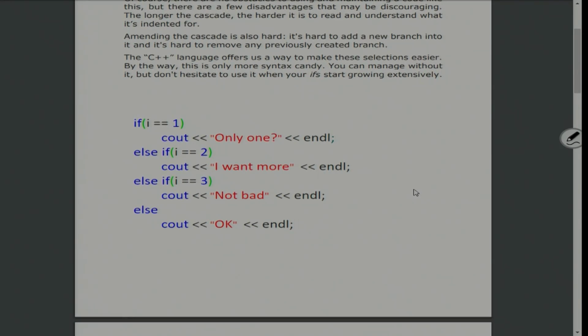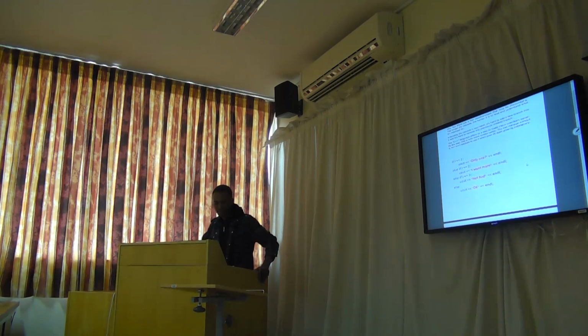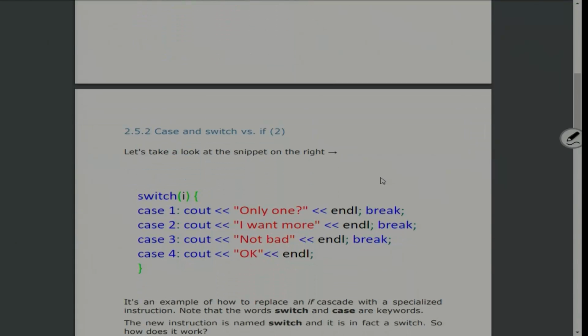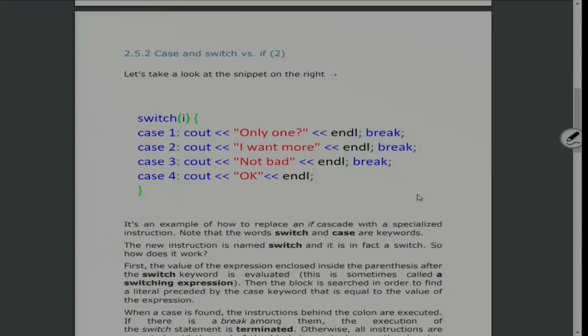And sometimes you would want to remove some of the branches, and that would be a bit hard to do. But if it's more like this, then it's easy. But if you have more conditions and an expression to check against, then it will become hard to read and to remove some of the branches or to add new ones. But there's an alternative to that, which is the switch.